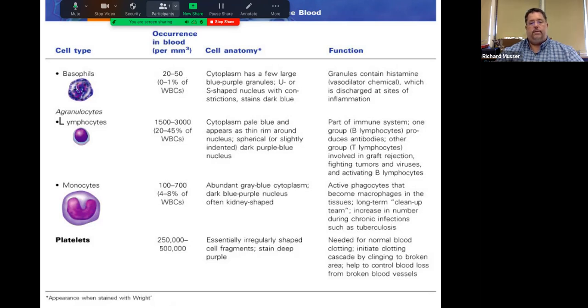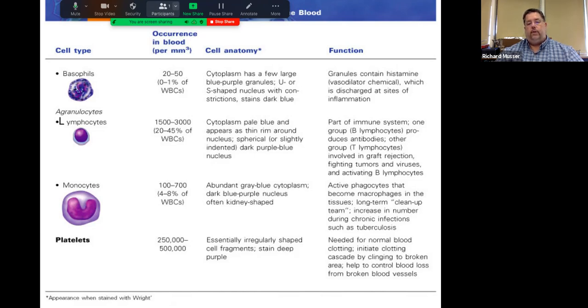While monocytes are active phagocytes that become macrophages in tissues. They're more involved in long-term cleanup and increase in numbers during chronic infections.